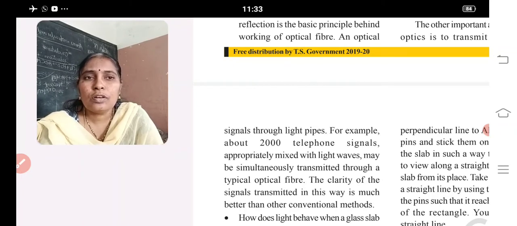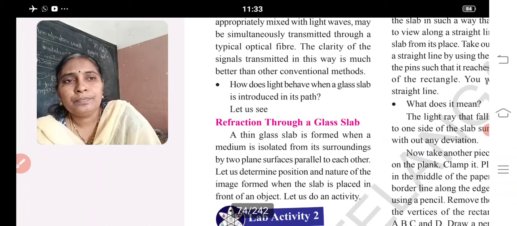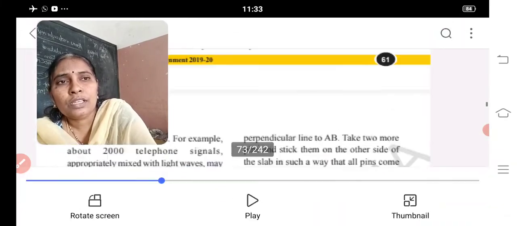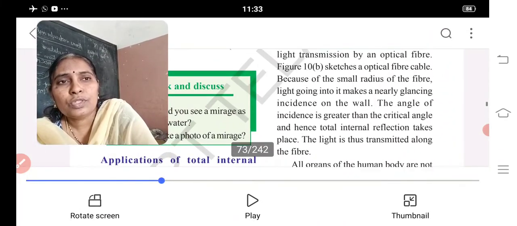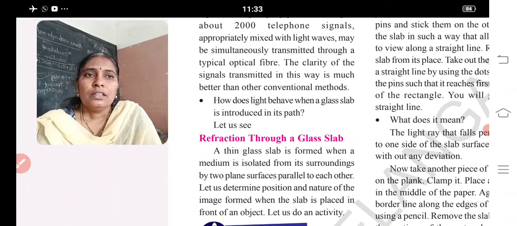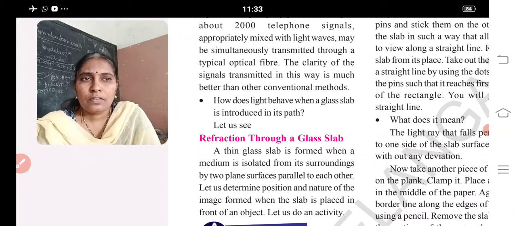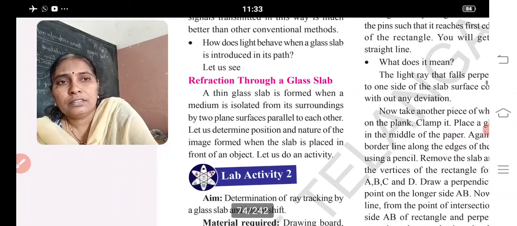The clarity of signals transmitted in this way is much better than conventional methods. Now coming to the use of optical fiber: optical fibers are used in telephones and signals, and also in hospitals to get a clear internal image.